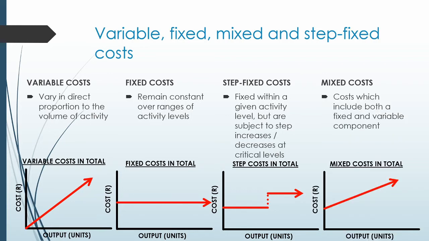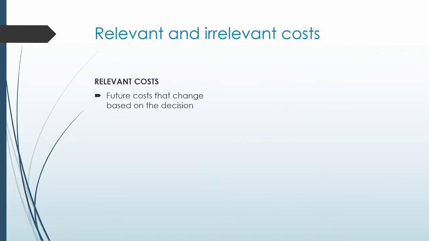Our final classification is mixed costs. These are costs which include both a fixed and variable component. An example might be telephone costs, where you pay a fixed line rental and then additional charges for each minute on the call. When we look at relevant and irrelevant costs, as well as the remainder of the cost terminology we will look at, we are mostly concerned with the decision-making aspect of managerial accounting.